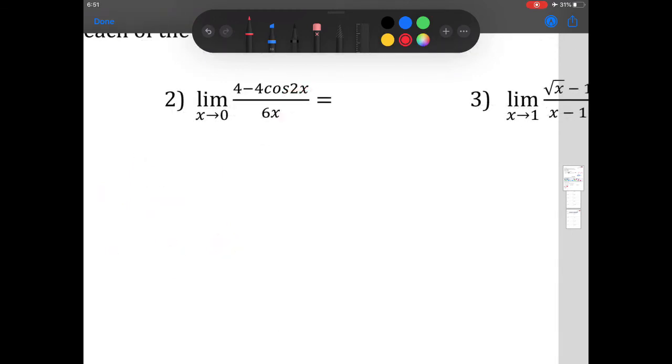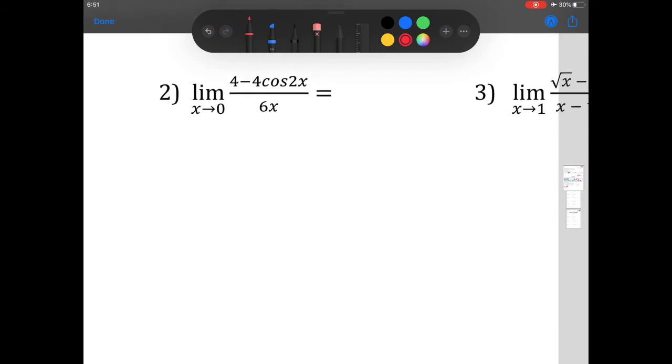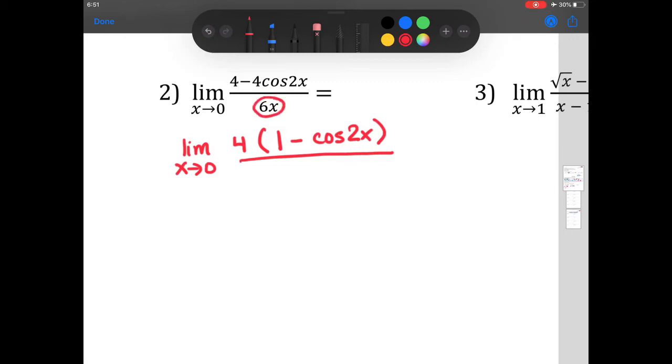Number 2. Limit as x approaches 0. This has a cosine function. So think about your second trig limit that we learned. Can we make this look like the one above? So look here in the numerator. Can I rewrite it, limit as x approaches 0, and I can factor the 4 because I wanted 1 minus something. 1 minus cosine 2x over. Can I write 6x because I wanted this and this to be the same, right? So this is 2x.